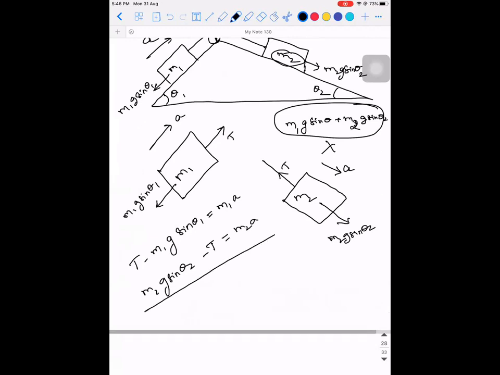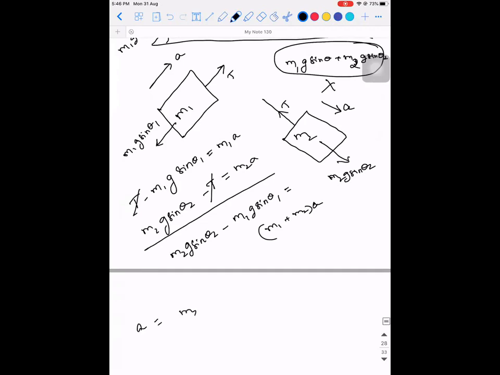So when you add both, T and T will get cancelled. m2g sine theta 2 minus m1g sine theta 1 is equal to (m1 plus m2) into a. So what will be the value of a? It will be (m2g sine theta 2 minus m1g sine theta 1) divided by (m1 plus m2). Rohan, you got your mistake. It is not plus. Sir, I added. Yes.